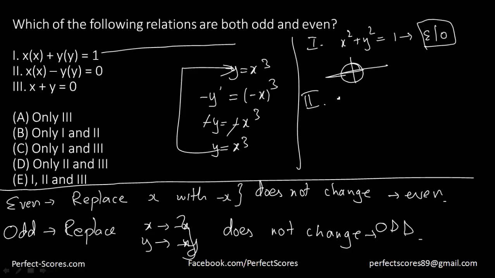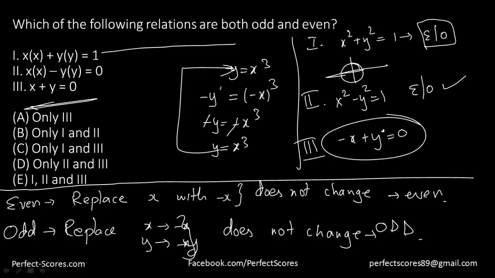The second one here also, even if I replace x with negative x and y with negative y, the function will remain the same. That means you can clearly see that this is something which is even as well as odd. And the third one over here, if I replace x with negative x, the function will change. This is not equal to this. If x is equal to 0, then it's fine.